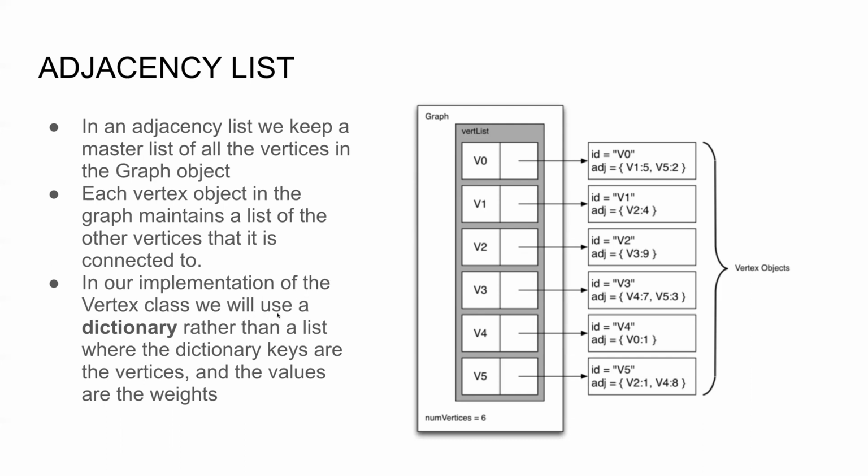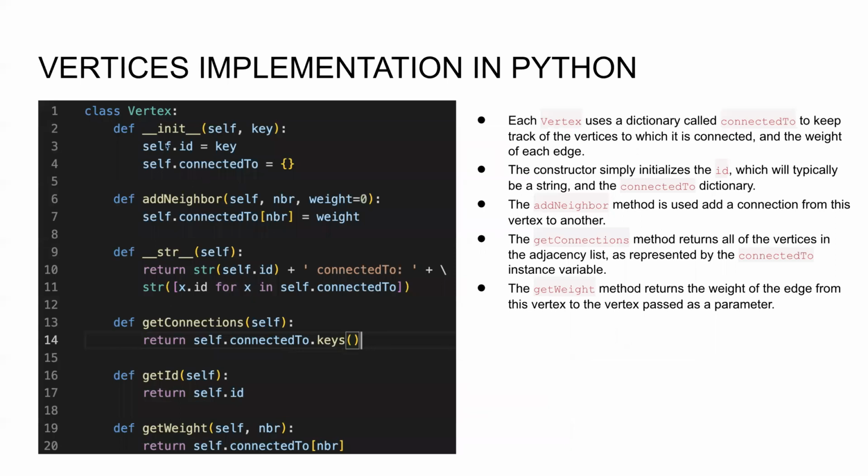We can use the vertex as a key, and the value is basically a set or a dictionary, so it's a list of key-value pairs, with the key being the vertex ID and the value being its weight. So that's an adjacency list. Okay, so here is an implementation of the vertex class.